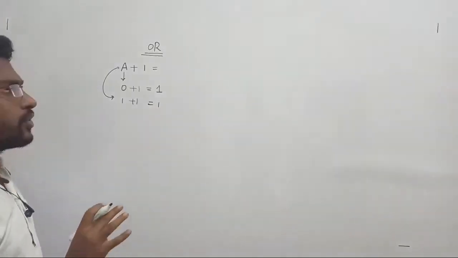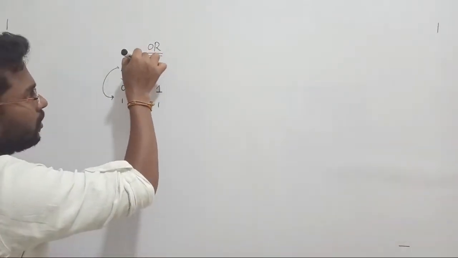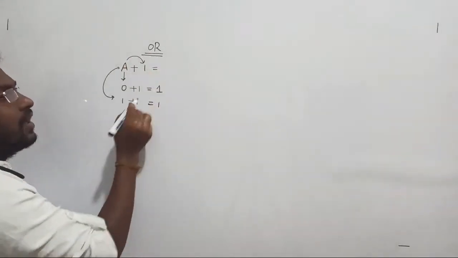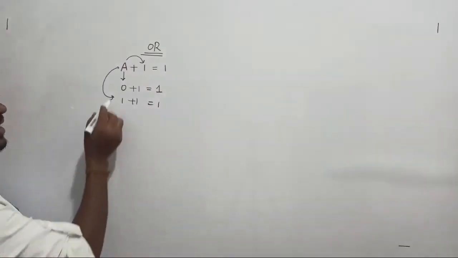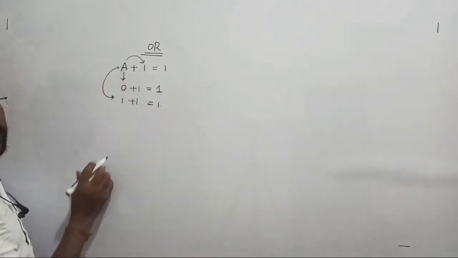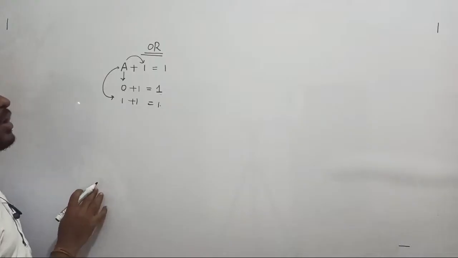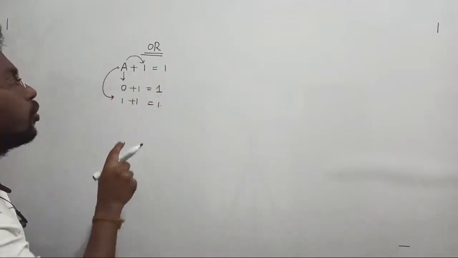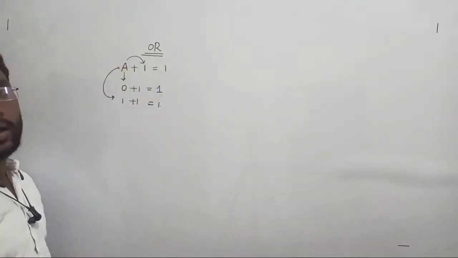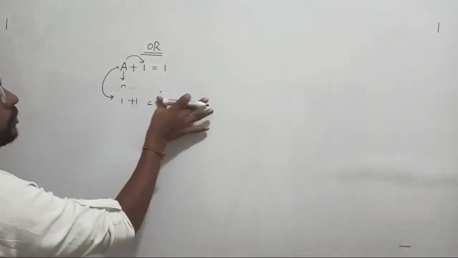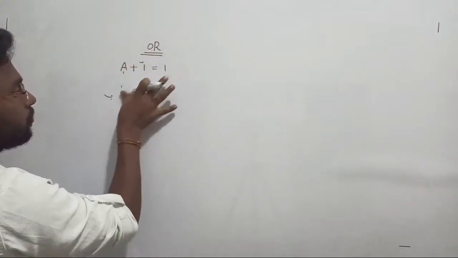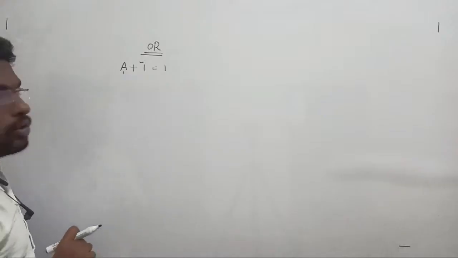The conclusion is, if I find any value with 1 in the case of the OR operation, the output is going to be 1 only. A might be 0 or 1, but irrespective of the value of A, the output is 1. If at least one pin is enabled, then your output is always enabled. That is the basic property. So the conclusion is A plus 1 equals 1.